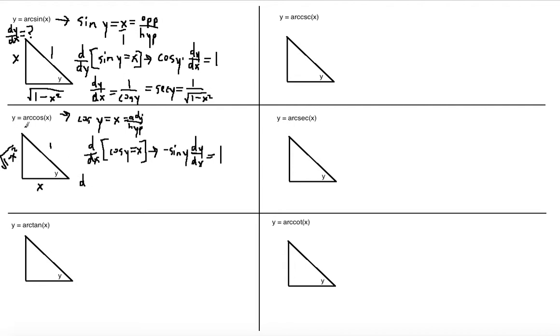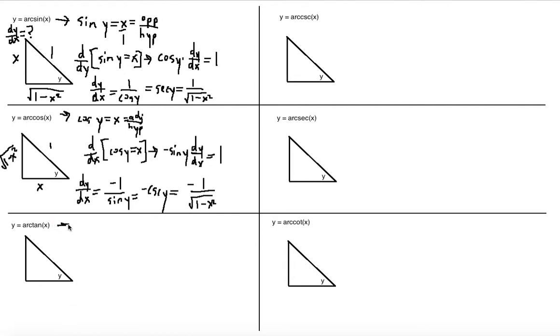Therefore, my derivative of y is negative 1 over the sine of y. In other words, a negative cosecant of y. And that is equal to negative, that's cosecant is hypotenuse over opposite, 1 over the square root of 1 minus x squared. And there's our derivative. I know I probably shouldn't go back and try to circle those. I'll just make a mess of it. But there's our derivative.